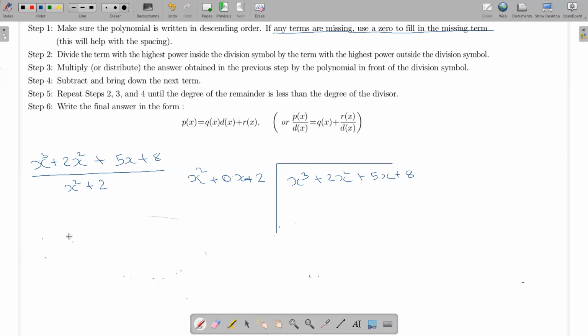Okay, x cubed by x squared. So that is x.